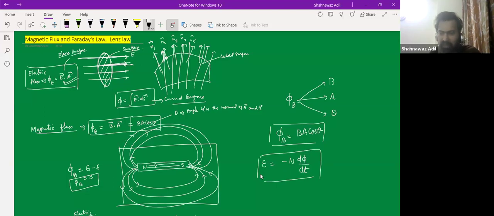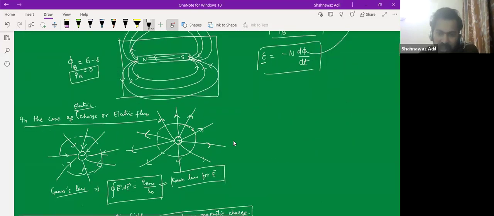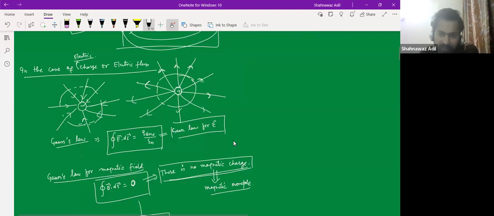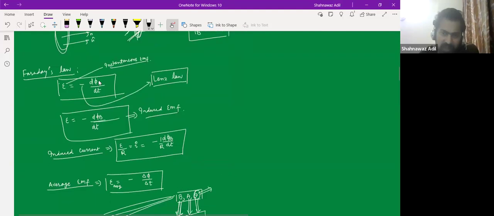Some EMF would be induced, equal to this change in flux. And there are three ways to change the flux. You have already learned these things, so I'll just quickly give a recap. And yeah, this is Faraday's law, right?